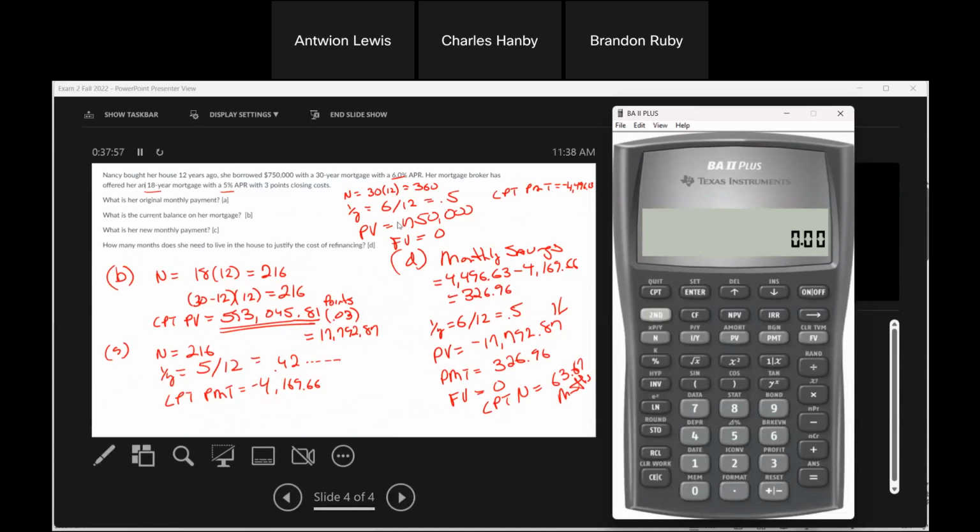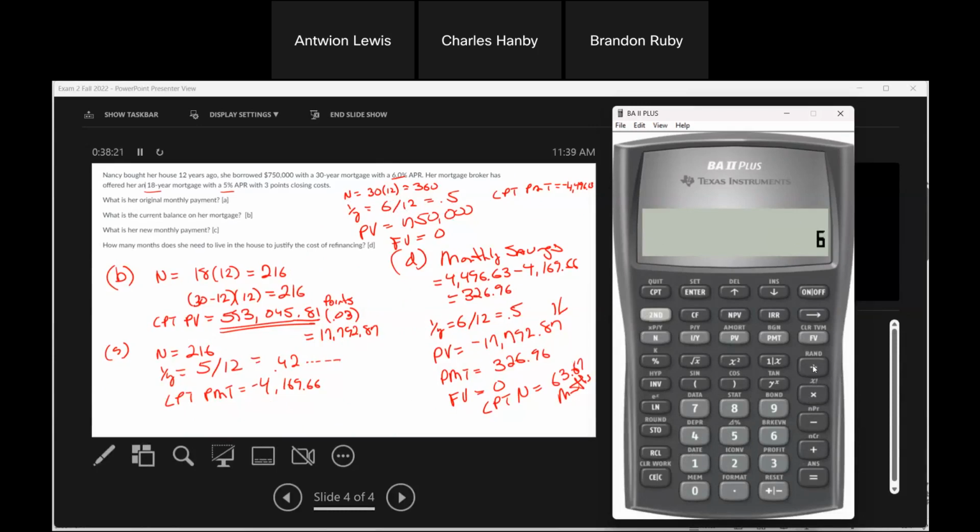So the first calculation is our mortgage payment. 30 years monthly at 6%, $750,000. You can just type in 360, however you do it. I recommend doing it the same way every time.